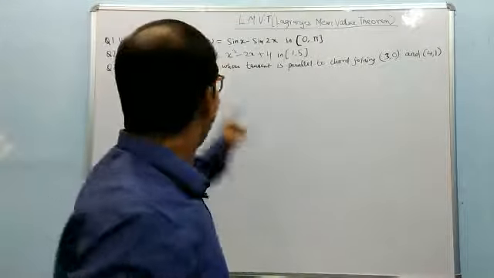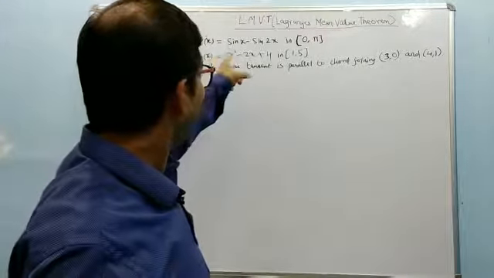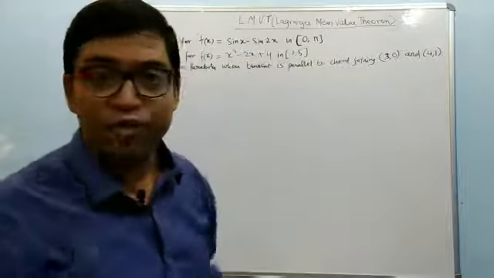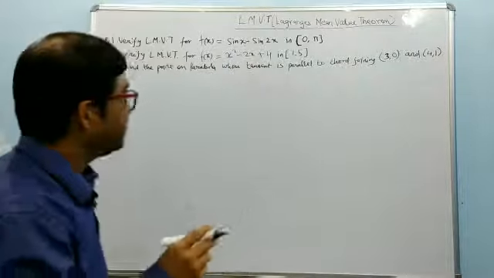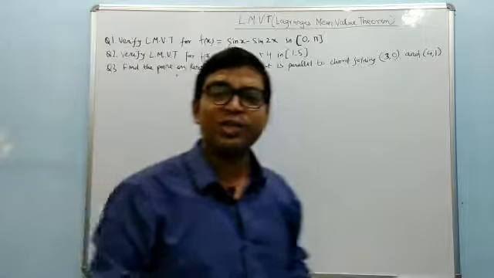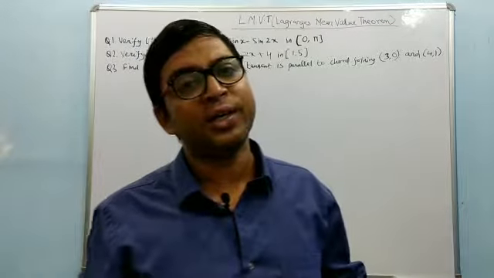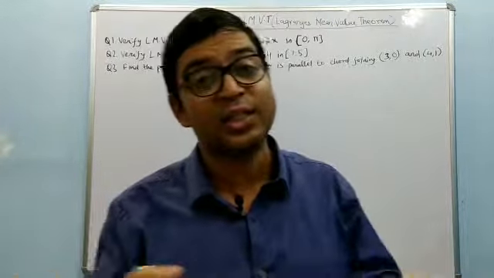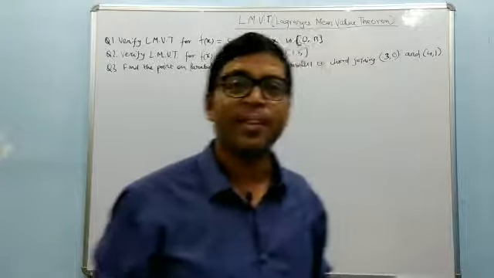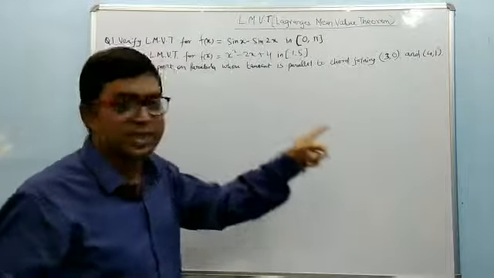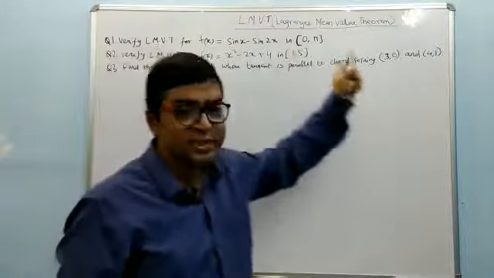Now see question number 1. Verify LMVT for sin x minus sin 2x in [0, pi]. See, it is a continuous function. Why? It is a trigonometrical function. Sine and cos are continuous everywhere. So we have to just write it is continuous everywhere. So it is continuous in that interval.